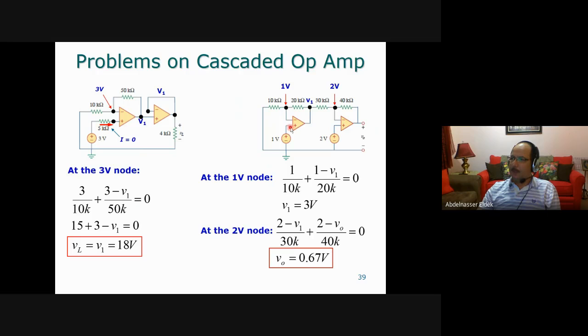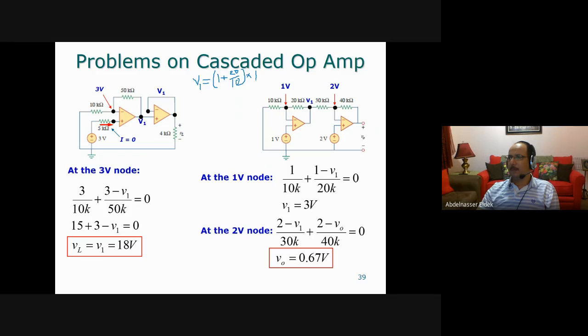But here we have the source connected to this node, and the other one is connected to the ground through a resistor and connected to the output through another resistor. So this V1 is the output for this one. Then if you want to calculate the output, V1 equals 1 plus 20 divided by 10, multiplied by the input source, which is 1 volt.